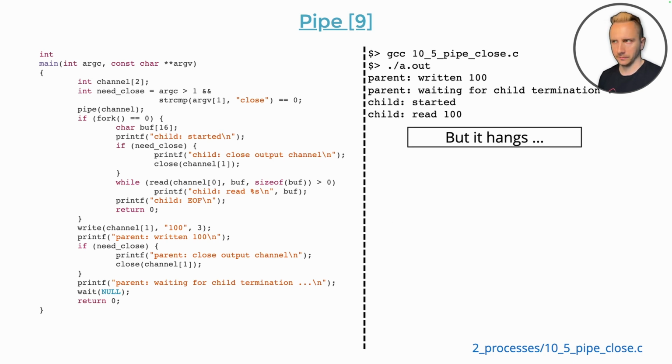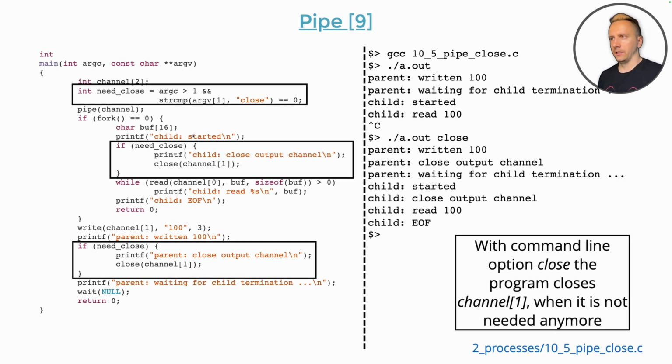It's a deadlock. But if I give the close command line argument right here, then I will close the not needed end of the channel in the child, and, for example, here we close the writing end because child never writes anything to the parent, right? So then we have to close it, just because it's not needed.